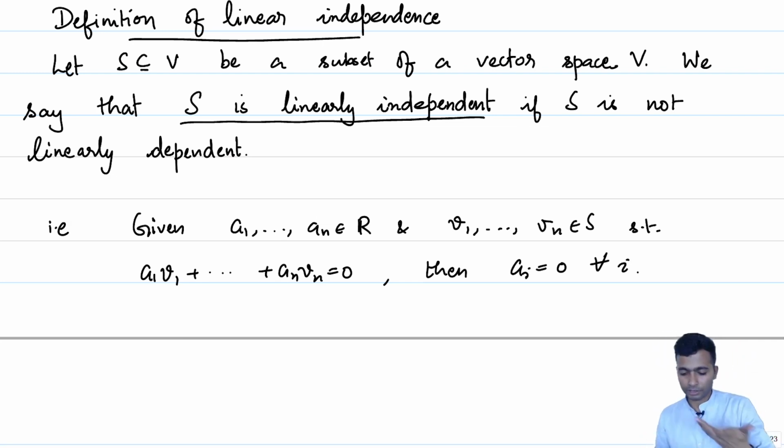That is precisely what it means to say that it is not linearly dependent. This 'not all 0' would mean that it is linearly dependent. So, this is the definition of linear independence.